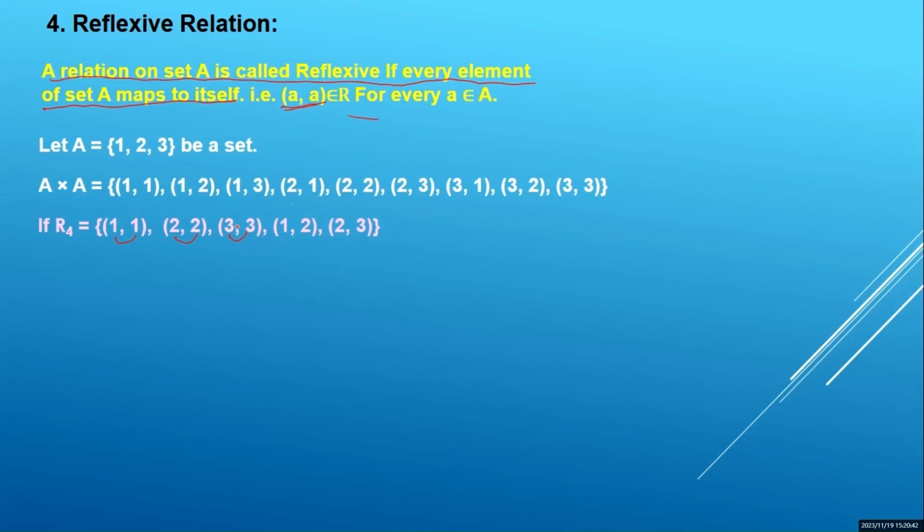Now your question will be, what is the difference between a reflexive relation and an identity relation? See, in the previous relation, R3 was equal to {(1, 1), (2, 2), (3, 3)}. This relation is an identity relation.